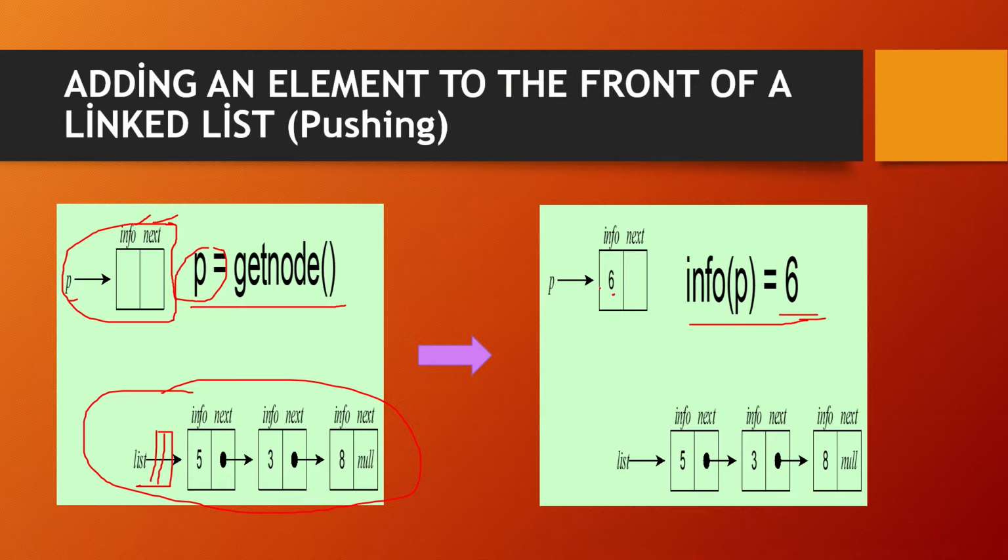Next we have to set the links: the list has to point to this, and the next part of P points to this. So this node is inserted into the stack. How can we do this?